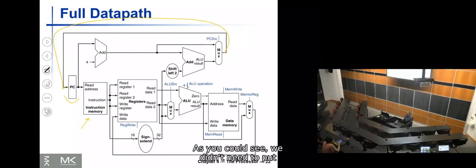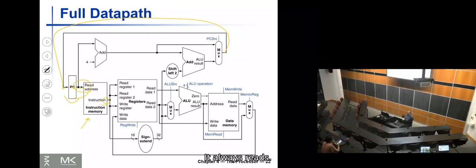For the instruction memory, as you could see, we didn't need to put some kind of control for read or write, because in instruction memory we don't write, we just read. So in every clock cycle, the address coming from PC is used and the value is read from the memory, so there is no need for a separate control.